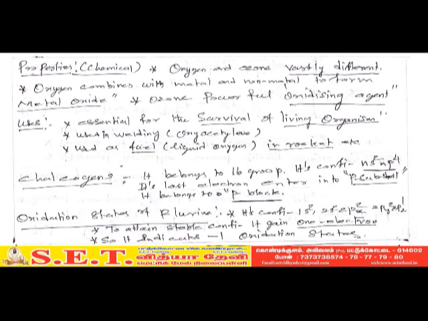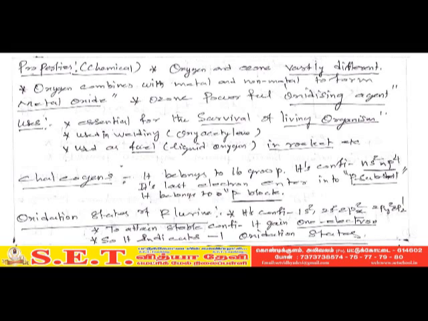Next topic, oxidation state of fluorine. The electronic configuration of fluorine should be written: 1s2, 2s2, 2px2, 2py2 and 2pz1.